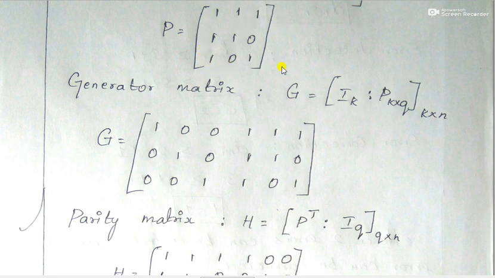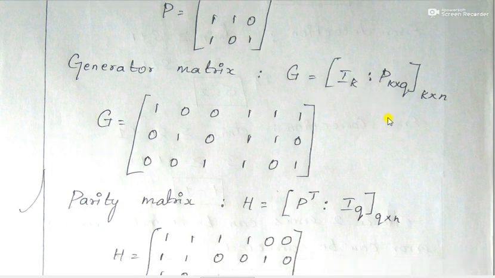The dimension of the P matrix is K cross Q, which means it is a 3 cross 3 matrix, so K is 3 and Q is 3. So I_K is the 3 cross 3 identity matrix 1 0 0, 0 1 0, 0 0 1, and the P matrix we can write as it is. From this we get the generator matrix.